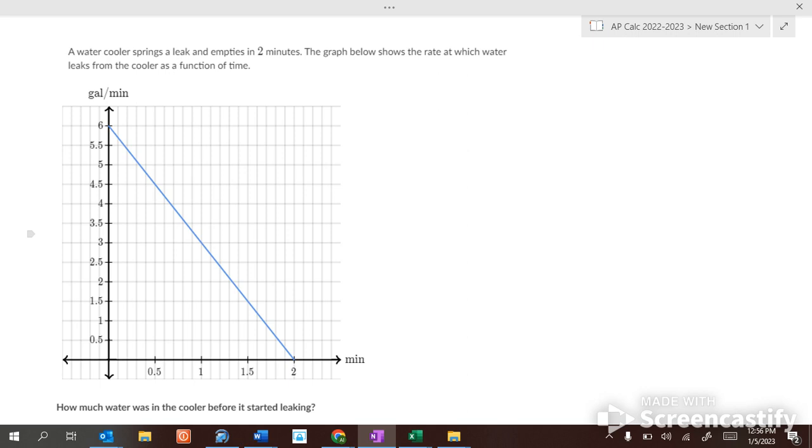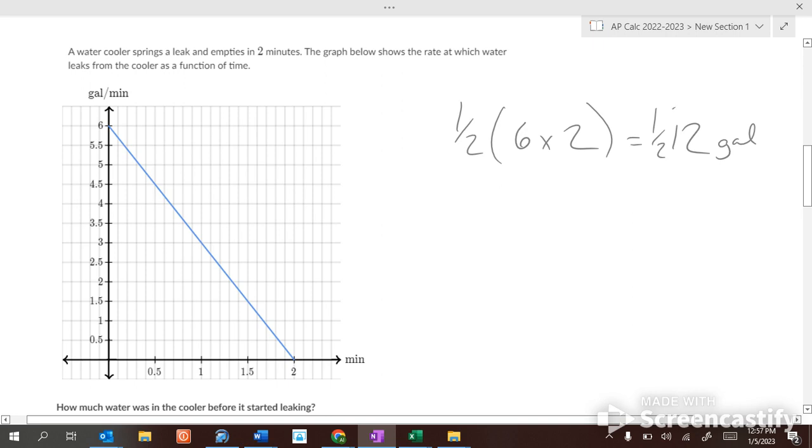So how much water was in there? Well, in 2 minutes of time, 6 gallons a minute, 6 times 2 would be 12 gallons, right? But the triangle is half of that, so what's half of 12? It happens to be 6 gallons.